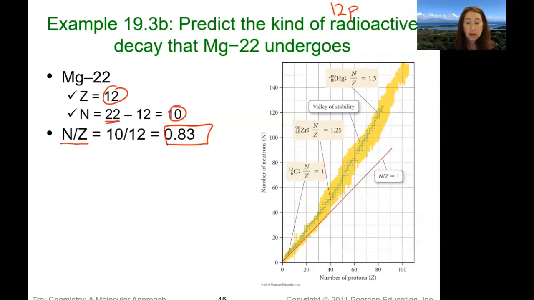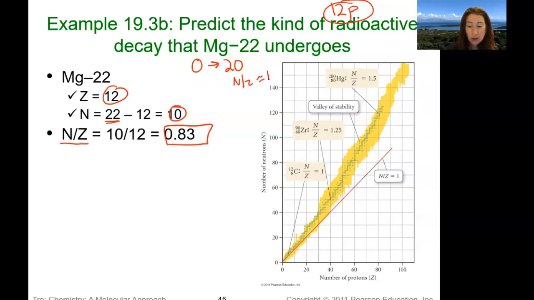Now, remember, magnesium is number 12, so it's between the 0 to 20 level. And remember, from 0 to 20, the most stable isotopes had an N/Z ratio of 1, a one-to-one ratio.